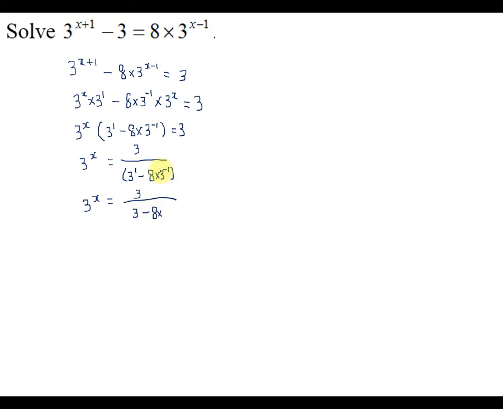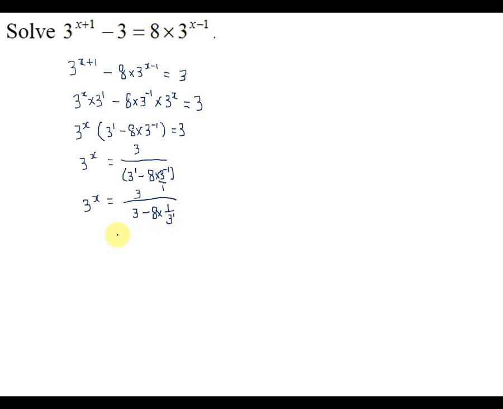We know that anything to a negative power, when we want to make it to a positive power, we swap the position, numerator becomes denominator and denominator becomes numerator. So I can say that 3 is 3 over 1, so I'm swapping the position of this. Once I swap, the power that belongs to 3 will naturally become positive.